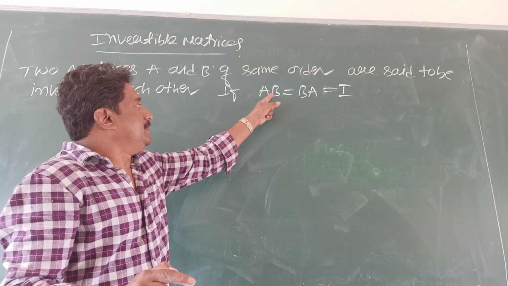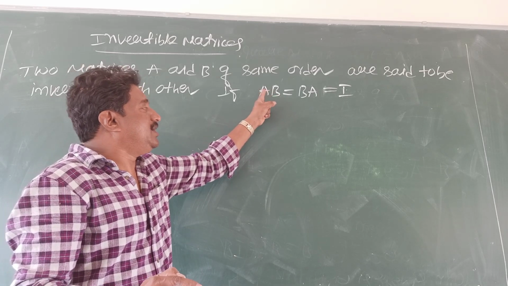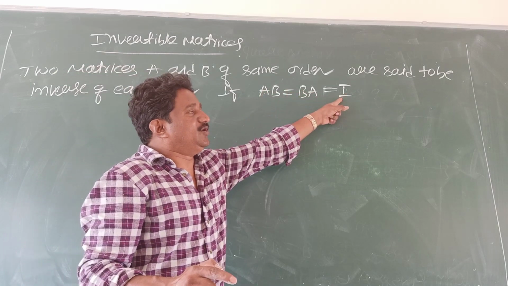So when we say B is inverse of A or A is inverse of B, then the product is equal to identity matrix.